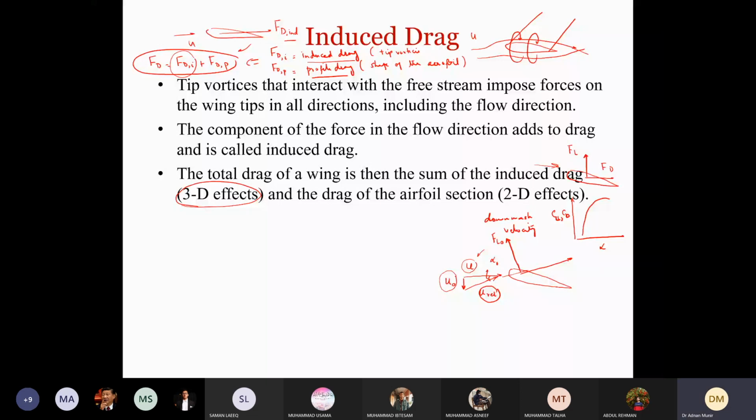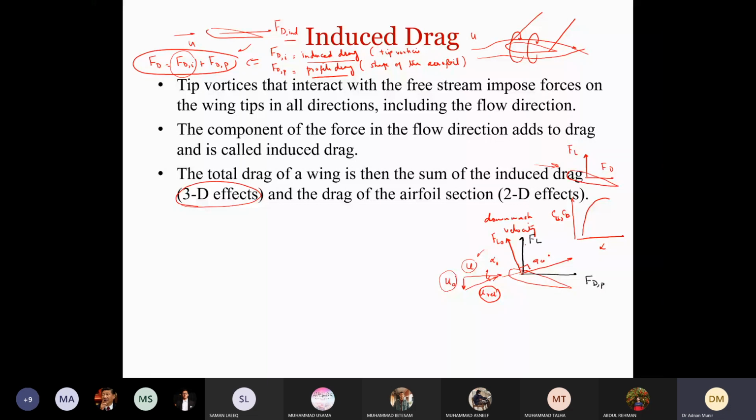Initially, if we look at the direction of U here, this is the original F D because of profile drag, and this is the original lift force. Now because of this downwash, U has changed to U relative, and then if I draw the lift force, in this case the lift force will be perpendicular to this now.